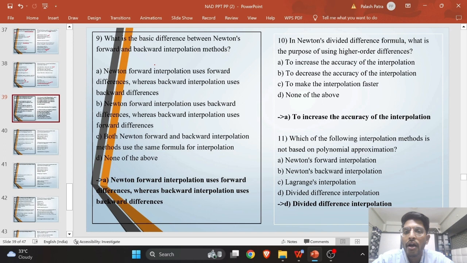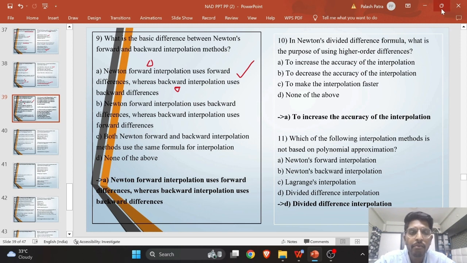As we have seen, Newton forward uses the delta operator, and Newton backward interpolation uses the nabla operator. So option A is correct. This is the basic difference between the Newton forward and Newton backward interpolation techniques.